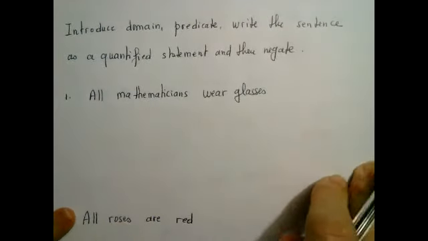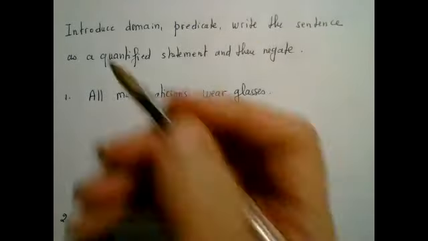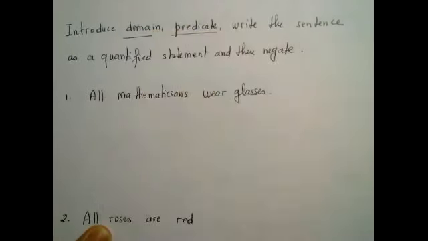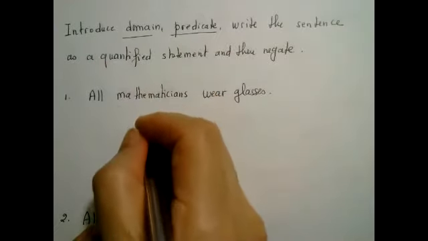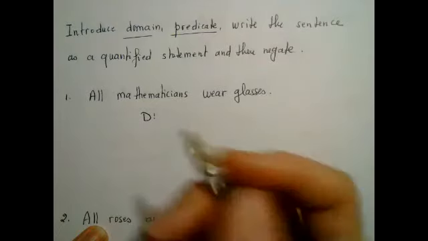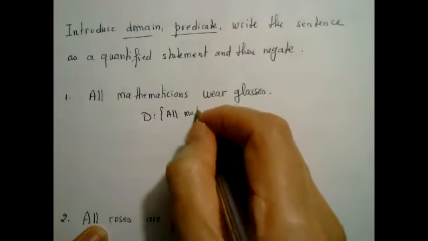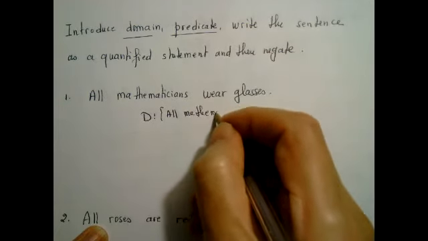So, all mathematicians wear glasses. Okay, so what do I mean by introduce domain and predicate? It means, what am I talking about here? So the domain, I can say it's all mathematicians, since that's what I seem to be including in my sentence.